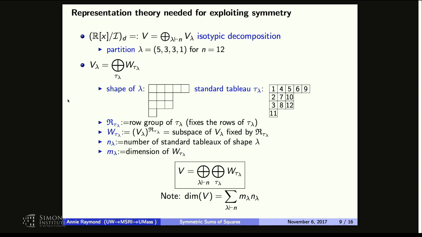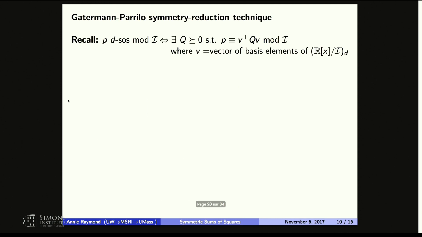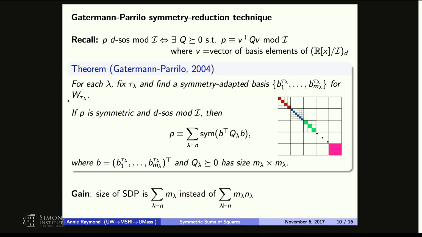So, okay, look at the decomposition that you get here and find a basis for each W tau lambda. Altogether, all these little bases will give you a basis for your big vector space V. So, okay, find such a basis, called a symmetry adapted basis. And then what happens to your matrix Q is that it becomes very structured.